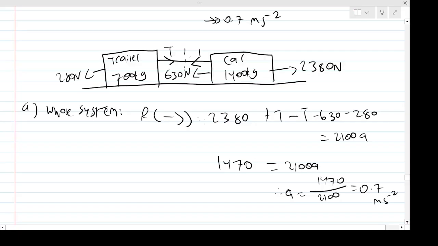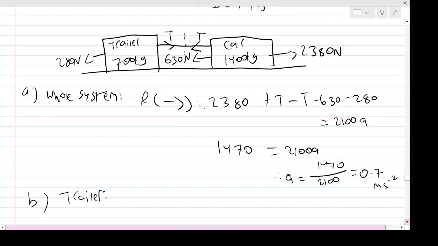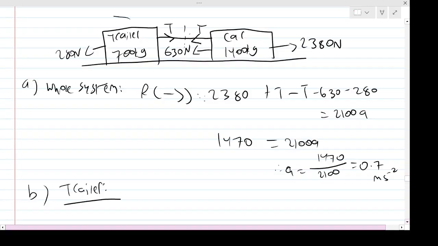0.7. Cool. Then it wants the tension here. So if I now just pick, let's say, the trailer on its own. Well, firstly, again, if we resolve forwards, the forward force is the tension for the trailer. Take away the backward force on the trailer, which is 280.